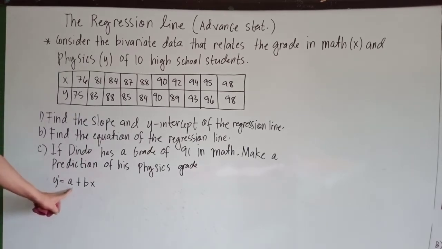So a is referring to the y-intercept, and b is referring to the slope of the regression line. So how do we now find out these three? Number one, find the slope. Of course, the slope is b and a is the y-intercept.